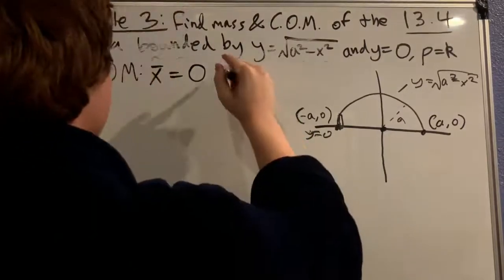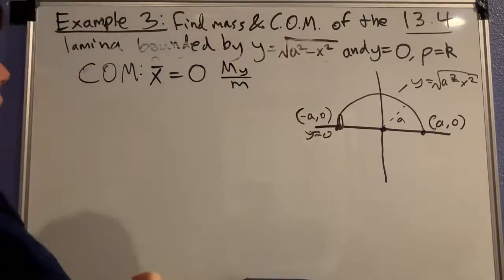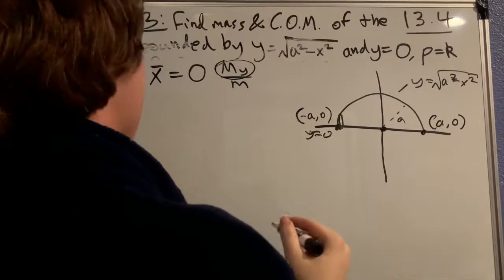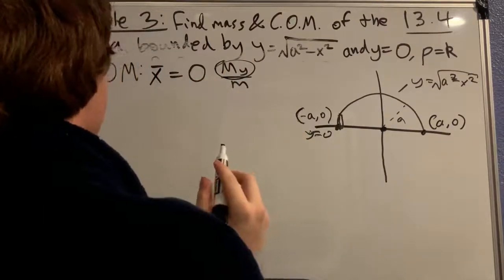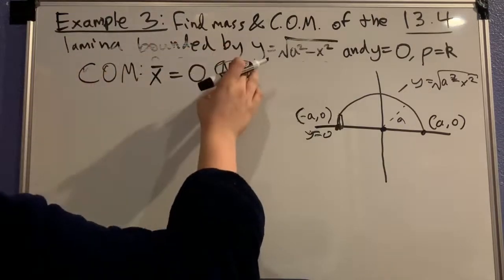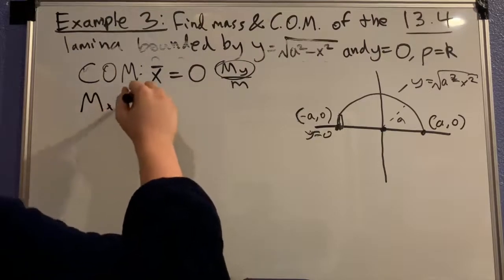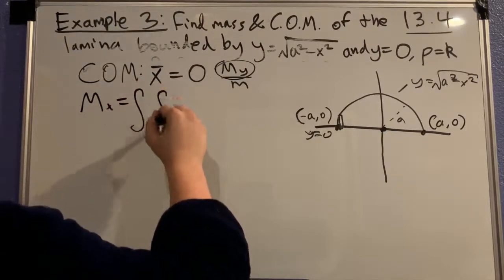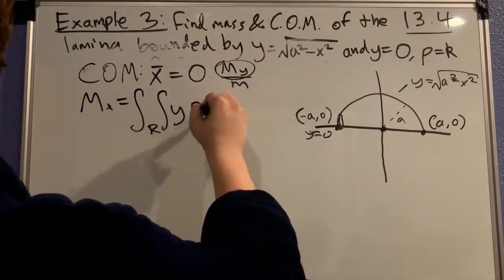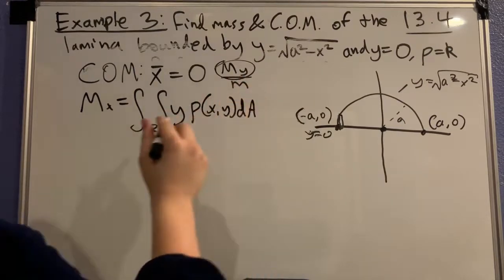Remember that x bar was just My over the mass. So now we just have to find Mx. We don't even need to find My because we already know what x bar is. So we find Mx, which is, remember the formula, the double integral of y times the density function with respect to the area.